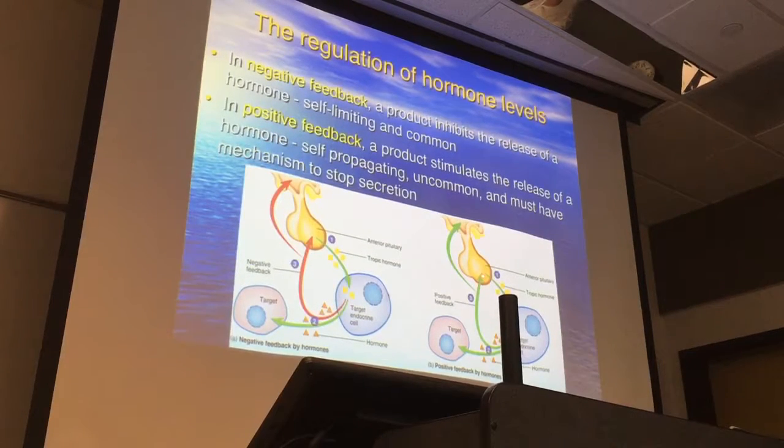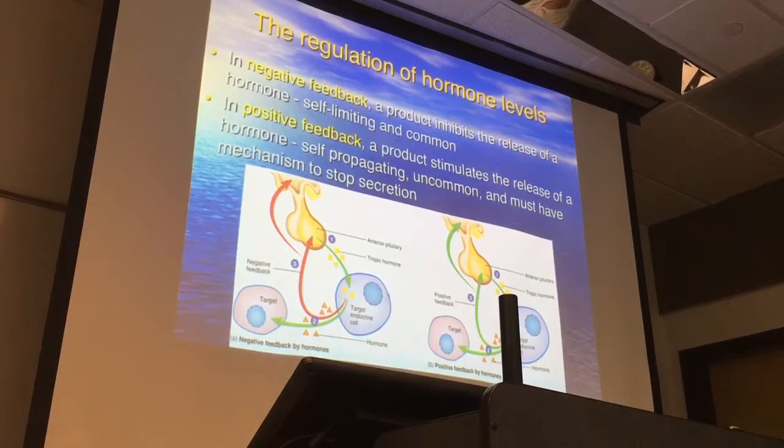And then it has positive feedback on either the anterior pituitary or the hypothalamic hormone. They're not showing the releasing hormone here. And of course, if this has positive feedback instead of negative feedback, you're going to get more of the releasing hormone, more of the tropic hormone, and more of the endocrine hormone.